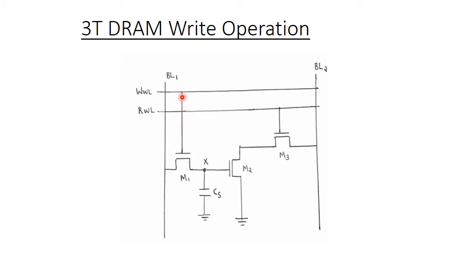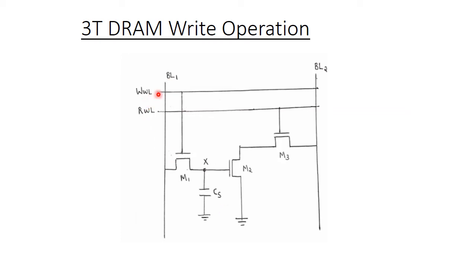As in the previous case, in this case also we need to enable the write word line. Since we are doing the write operation, M1 will be turned on. This point X is now connected to BL1, and since BL1 is connected to ground, whatever value is present in this capacitor will get discharged to the ground. So the capacitor value now becomes 0, or the 0 gets written to this place. This is the working of the write operation in 3T DRAM.